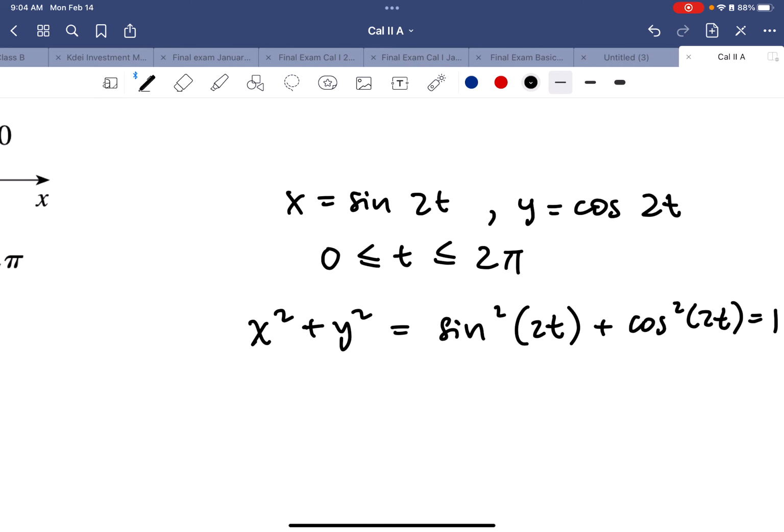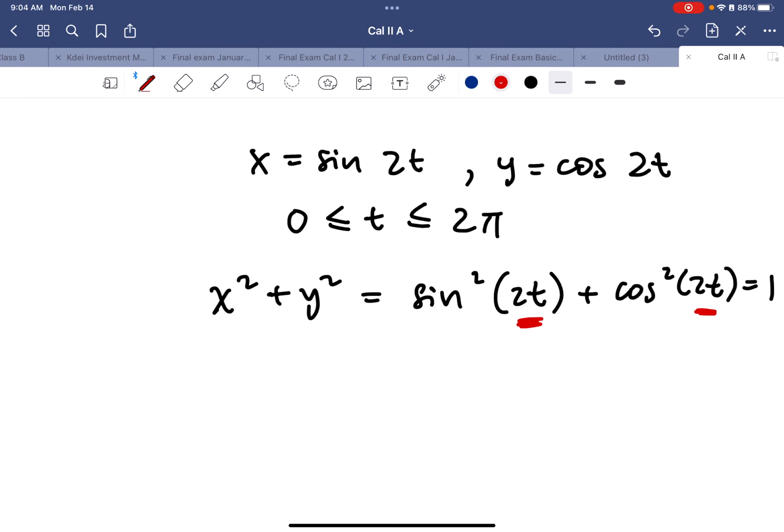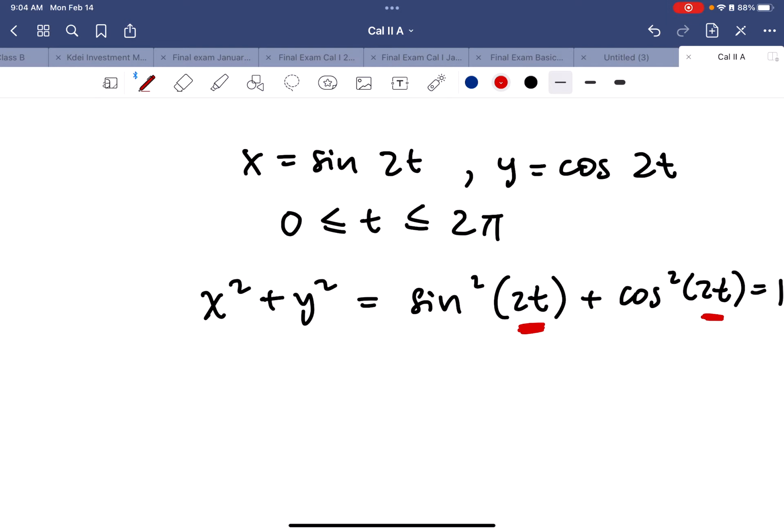The difference is the parametric. The first one is just t. The second one here is 2t. So it's circling around, but the picture, how it looks, is the same, right?